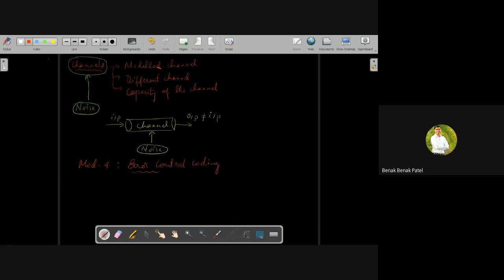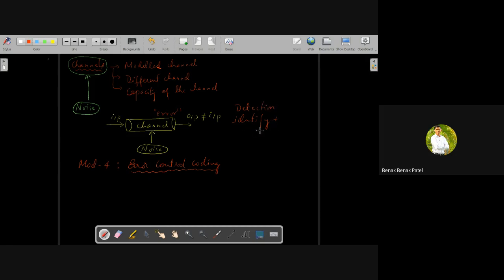By this error control coding, even if there is any error happening over this transmission, we'll still be able to identify and correct it. The very first step is to identify the error, also called error detection.